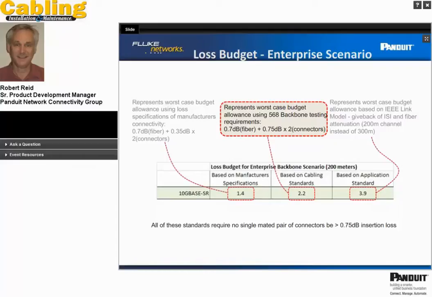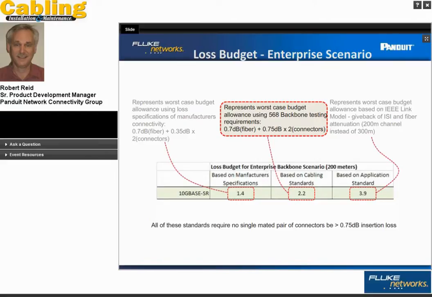So going back to the cabling standard, and I've highlighted this here in red, the cabling standard in terms of 568, the expectation would be that, and I've drawn out a backbone here of 200 meters just as an example, I would have two connectors at 0.75 dB each max, and for 200 meters of fiber at 3.5 dB per kilometer max, I would have, based on the cabling standards, no more than 2.2 dB.